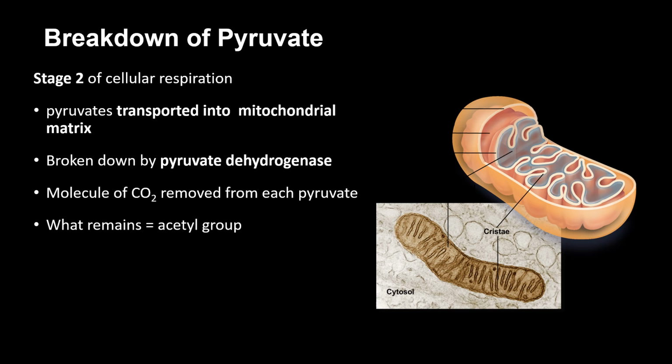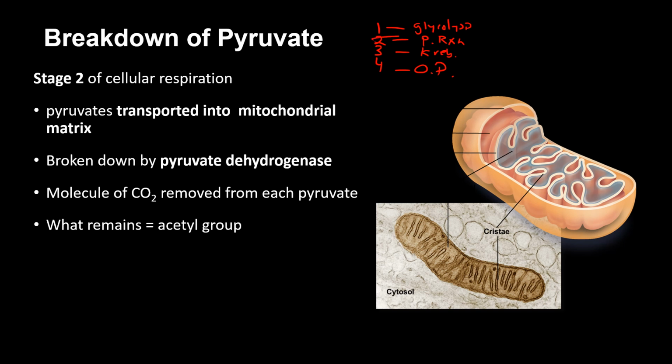This next stage, all right, I call this stage 2 of cell respiration, and the way I like to think of it is there are 4 steps: glycolysis, the preparatory reaction, the PrEP reaction, otherwise known as pyruvate oxidation, the Krebs cycle, and oxidative phosphorylation with the electron transport chain.